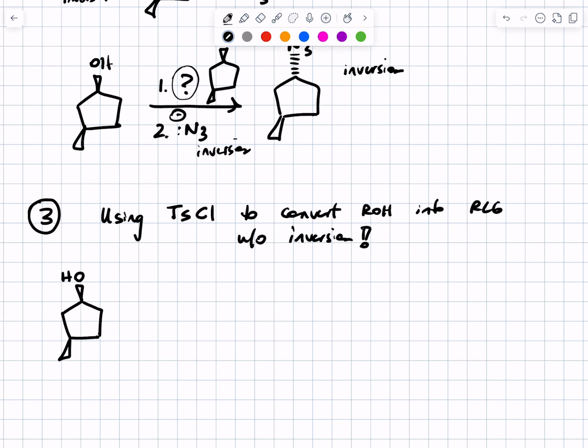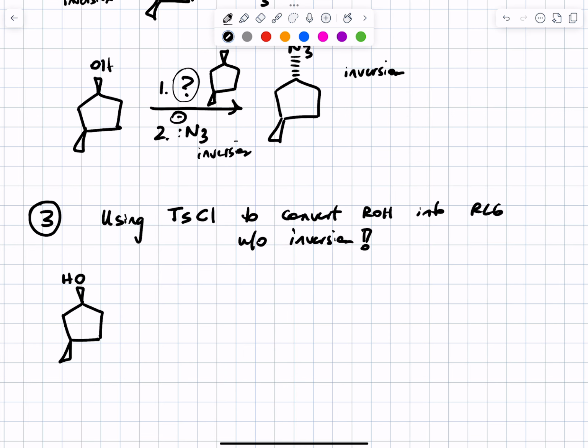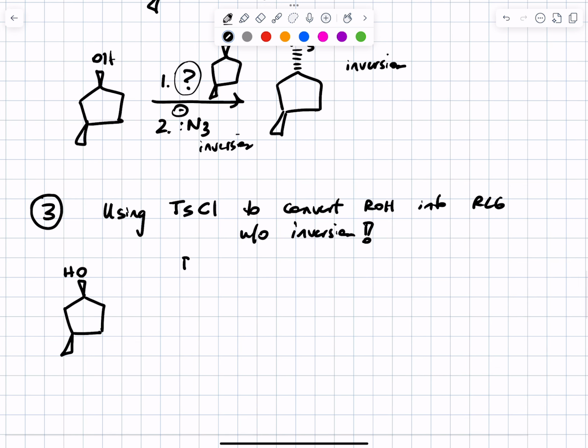So what is TsCl? That stands for para-toluenesulfonyl chloride, or TsCl. Its structure is this.